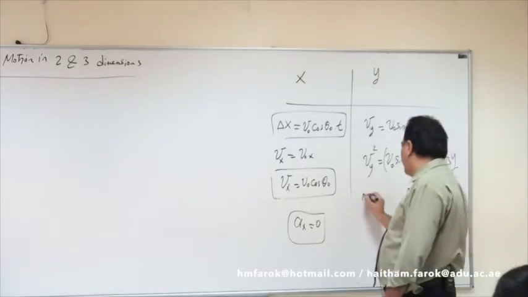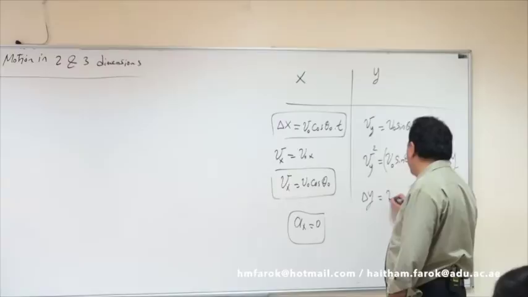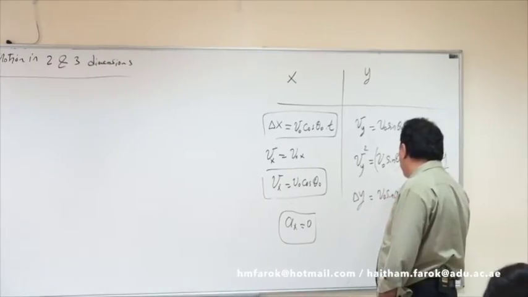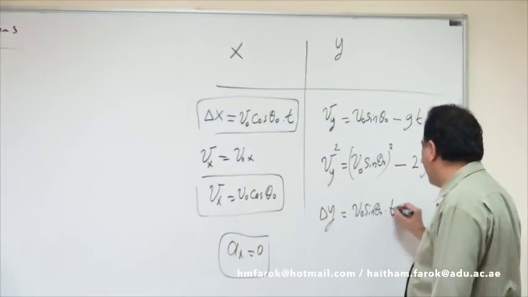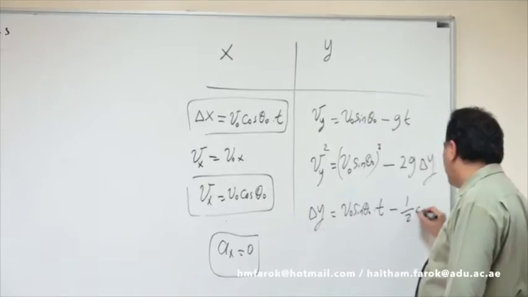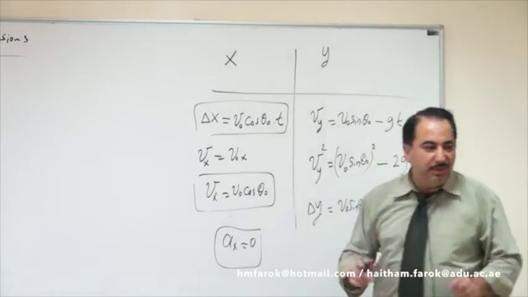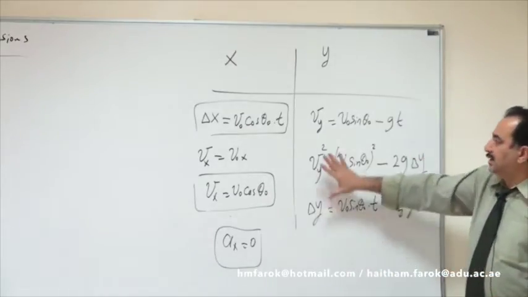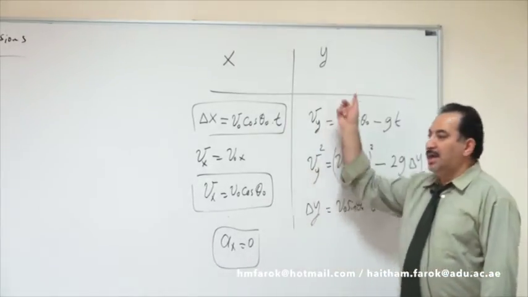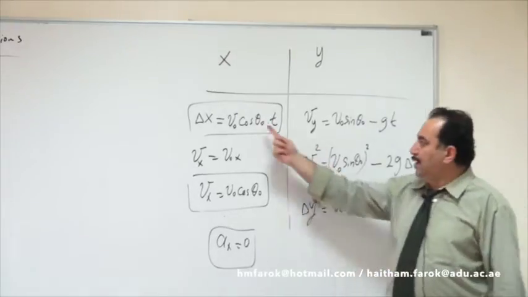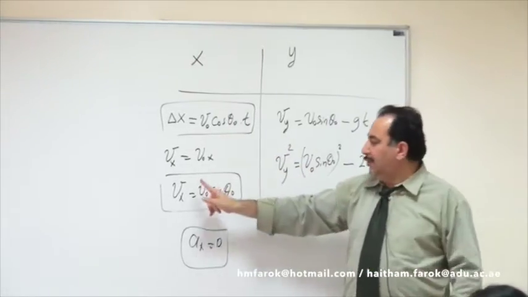And displacement vertical equals initial velocity in Y multiplied by the time, minus half gt squared. So for any question of projectile, just remember this table: 3 equations in Y, 1 equation in X, and 1 statement.